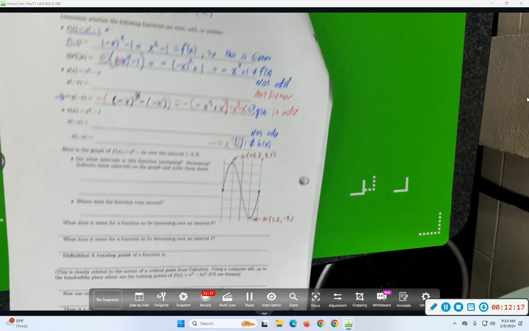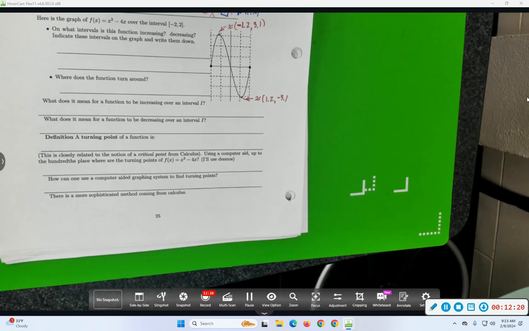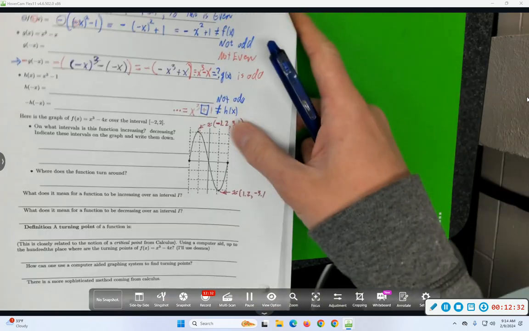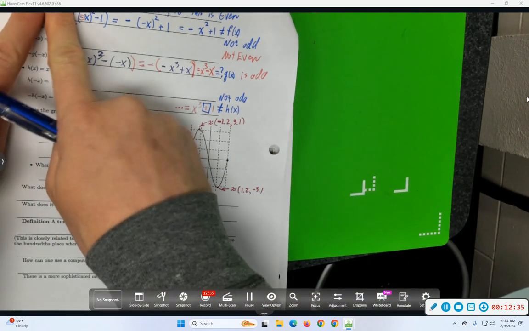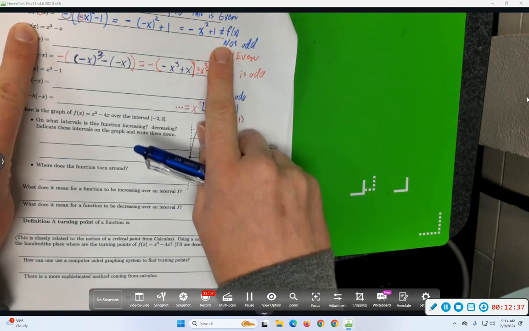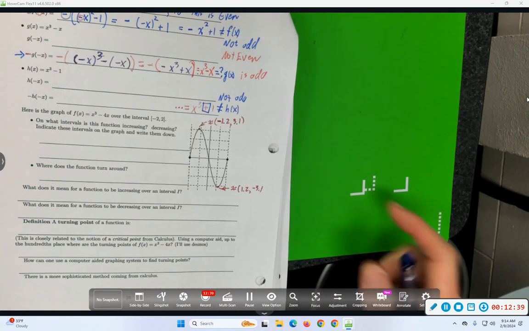So, there's the idea of even and odd functions. Let's talk about something, unless people have questions they want to ask, something that just seems off. For the f of x, x squared minus 1, is it even or odd? It is even. Okay, but that's not odd, not even?